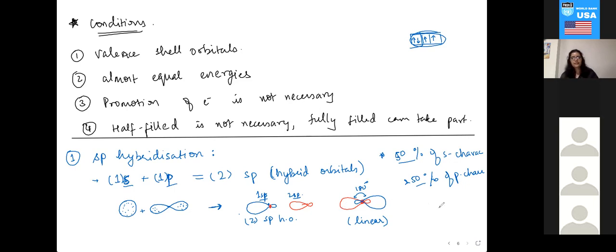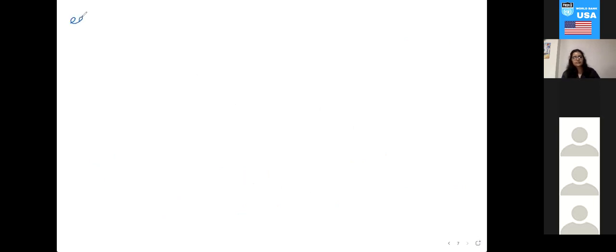An example of where you find sp hybridization, this is important to note. Do you remember this compound called ethine or acetylene? How many of you remember the formula?